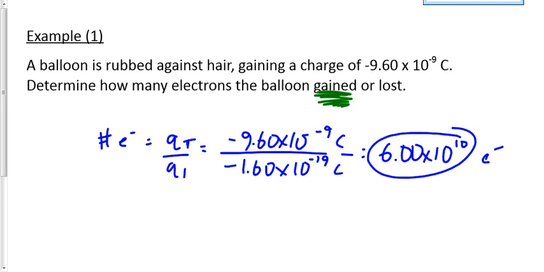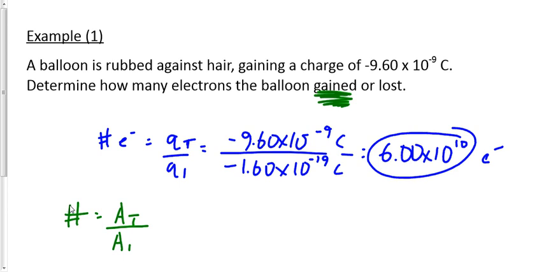What I mean by that is this. When you want to find a number of something in Physics 30, and you're going to have to do this more than once, not just with electrons, but with other things, photons, whatever, you're going to take the total amount of something and divide it by the amount for 1. It might be the total mass by the mass for 1. It might be, as in this case, the total charge by the charge for 1.